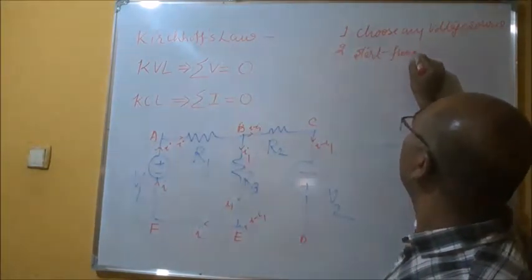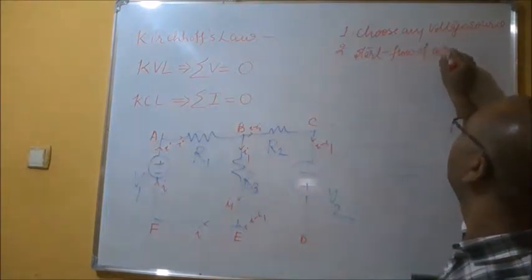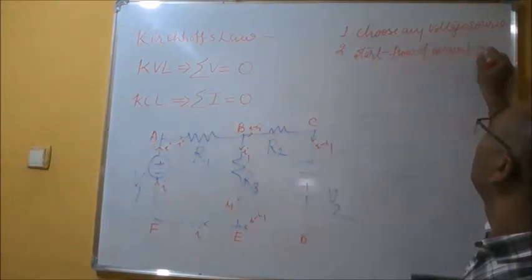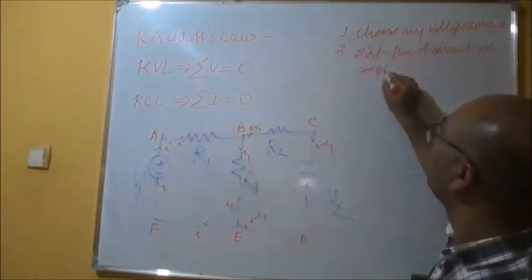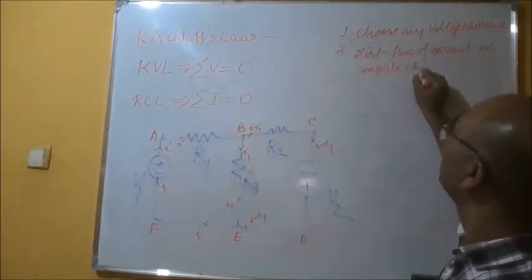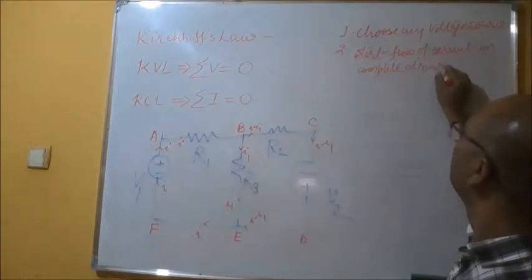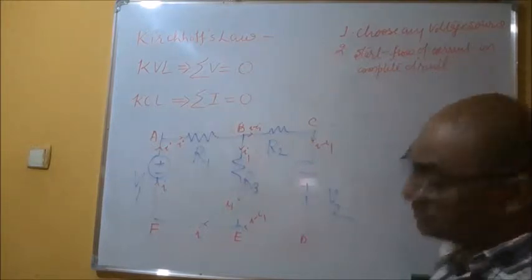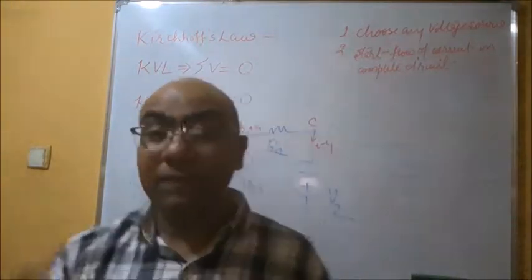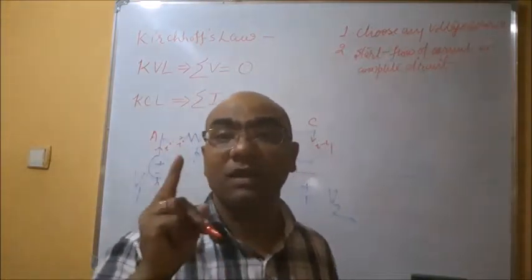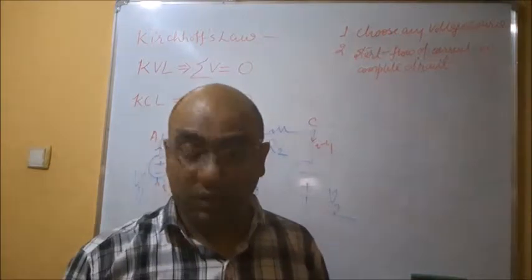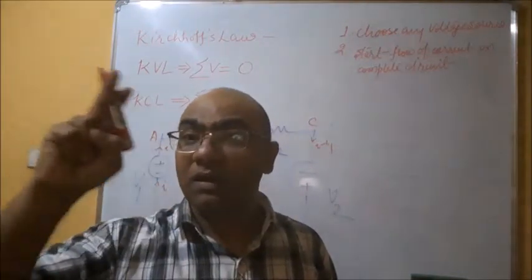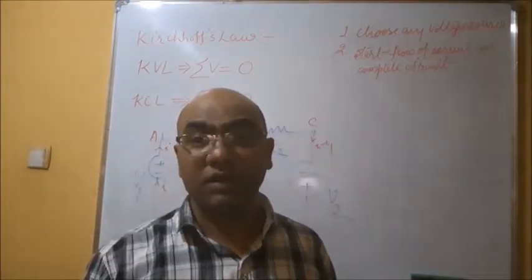Okay. The second point is: start the flow of current in the complete circuit. The important thing is that if this second point is correct, you are flowing the current correctly in the whole circuit.